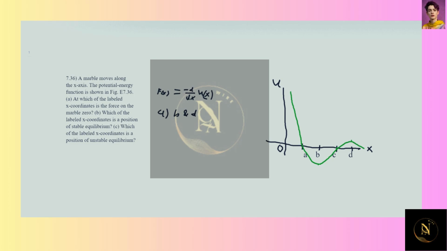So what we need to do is find what the force is on either side of these points B and D and figure out if it's stable or unstable equilibrium. So, negative derivative of potential from A to B: since that slope is negative, the force is going to be positive.